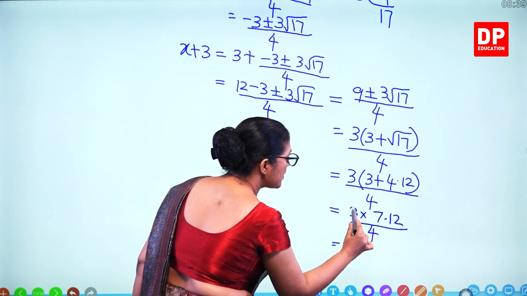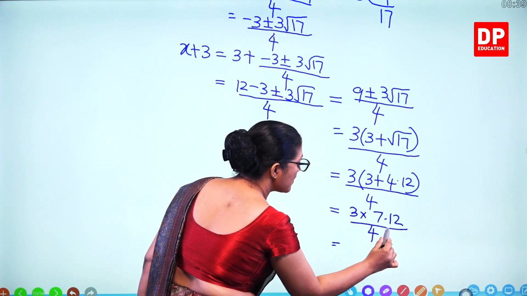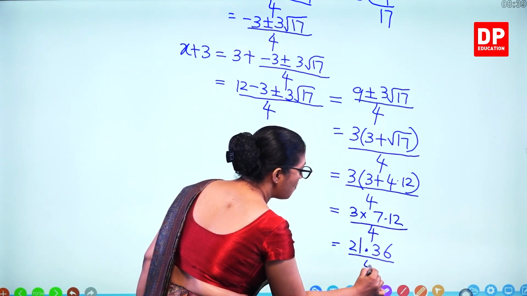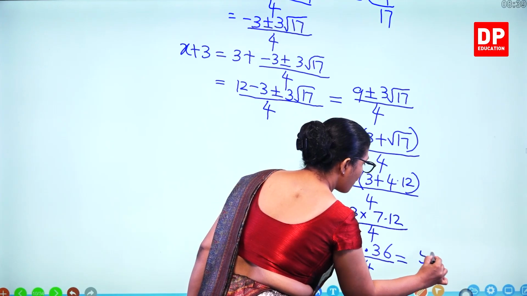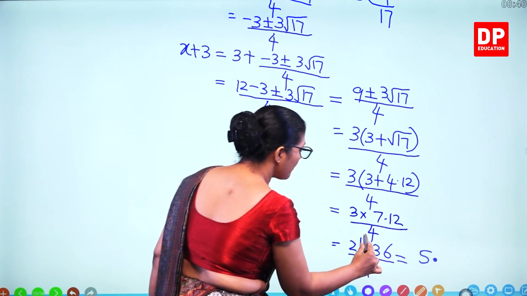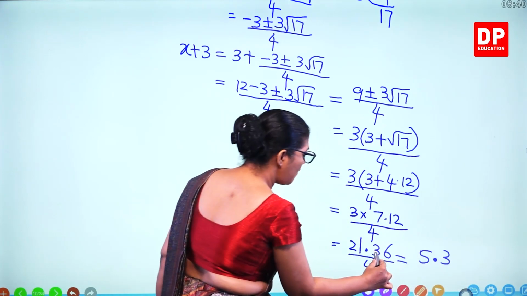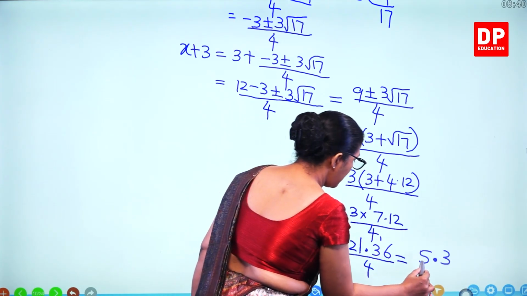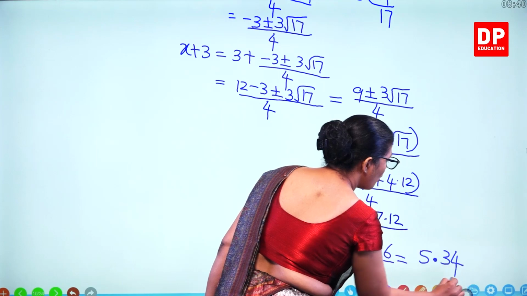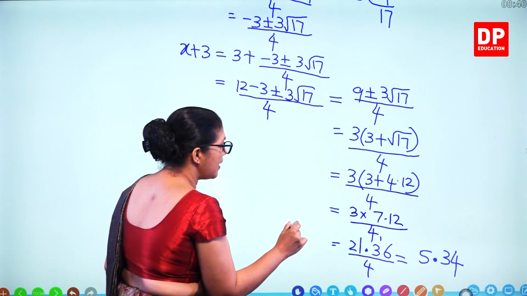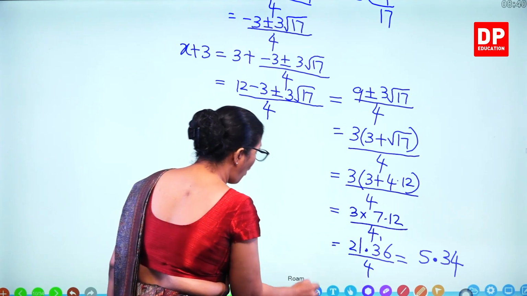Multiply by 3 first. 3 times 2, 6. 3 times 1, 3. 3 times 7, 21. 21.36 divided by 4. 5. And for 13, you get 4 times 3, 12. And for 16, that's 4 times 4. So correct to 2 decimal places, the SR length is 5.34.